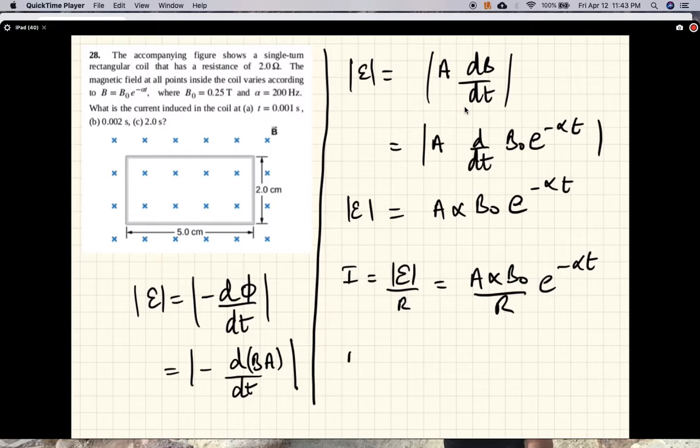This factor, A alpha B naught over R, is equal to: A is the area of the loop, which is 10 centimeters square, and we'll convert that to meter square.